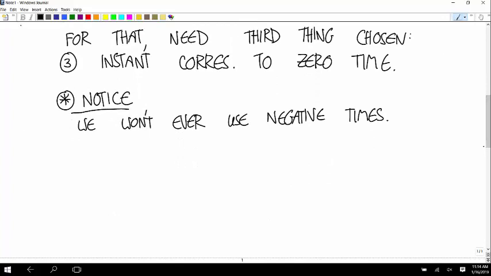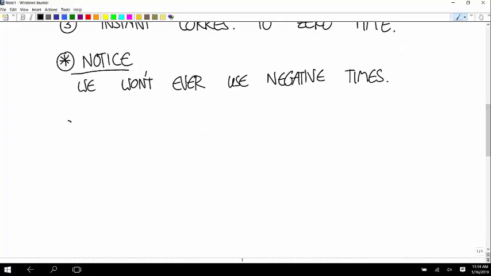Okay, so what happens if you choose these three things? Let me do an example. What I want to show is that all of the answers we're going to get, all the physics through the whole semester, depend on these three choices.